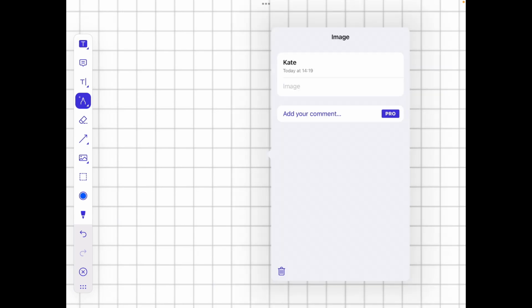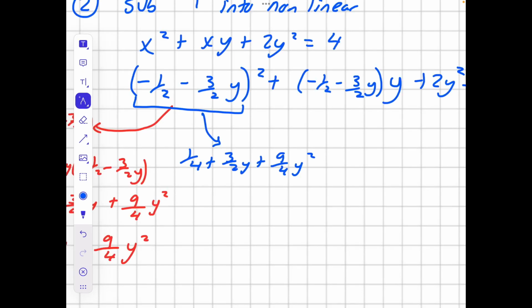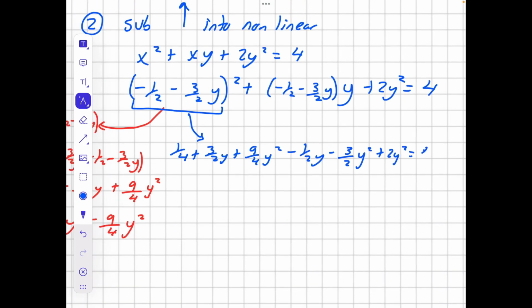Then we have to multiply this bracket by y, so it's going to be minus a half y minus 3 over 2y squared plus 2y squared is equal to 4.